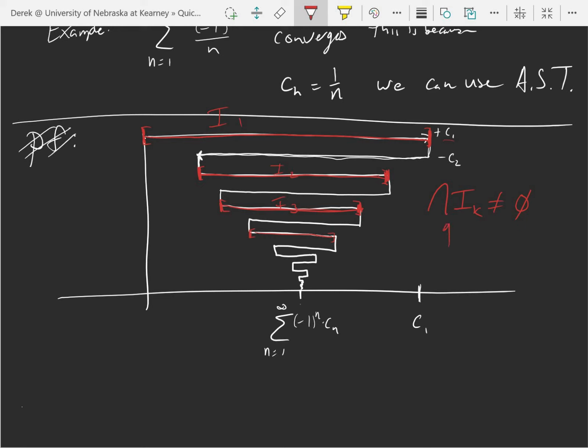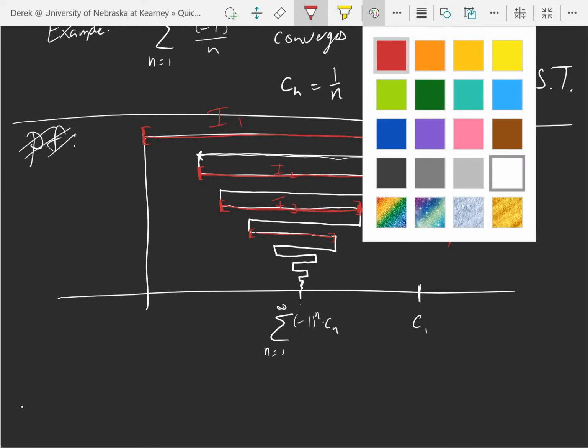So the width of this intersection has to be decreasing to 0, so there can be at most one point in that intersection. And we'll use those two things together to say that there is something in the intersection and there's only one thing in the intersection. That must be our limit. Okay. So let's now prove this.